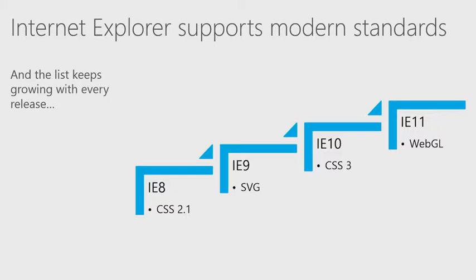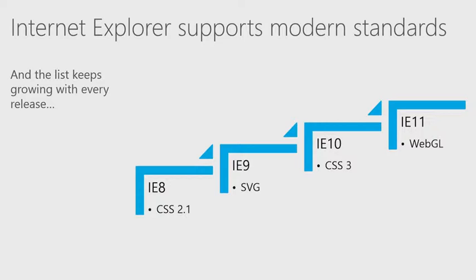Now, as you're probably already well aware, Internet Explorer supports modern standards. Ever since IE8, with the introduction of CSS 2.1, each version of IE has been pushing the bar forward with the set of modern standards that it supports, ranging from SVG in IE9, CSS3 features like transitions and animations in IE10, and now 3D support via WebGL in IE11.